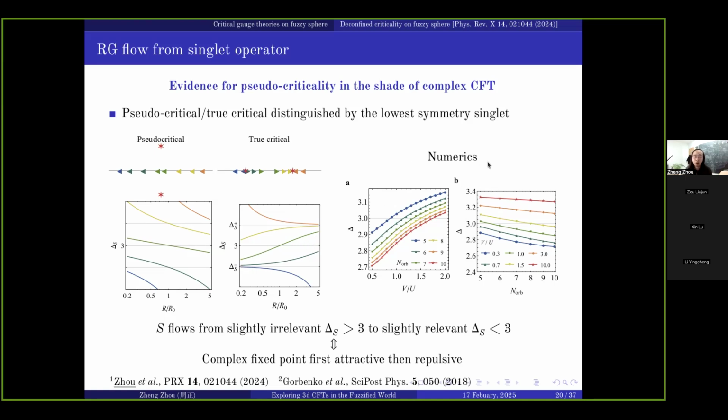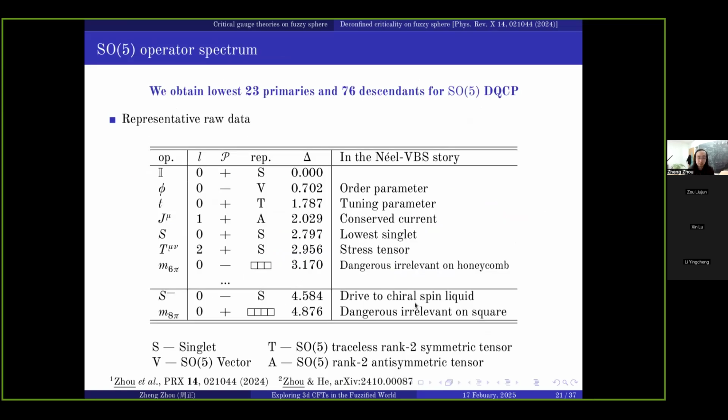And in our numerics, we indeed see behavior that is consistent with the scenario on the left. That is to say, the scaling dimension of S, as the system size increases, decreases from above 3 to slightly below 3, which is consistent with the scenario of complex fixed points.